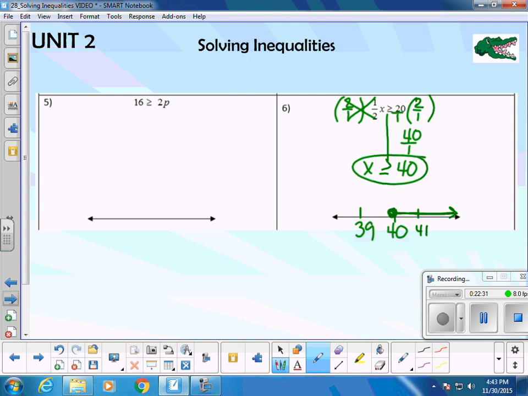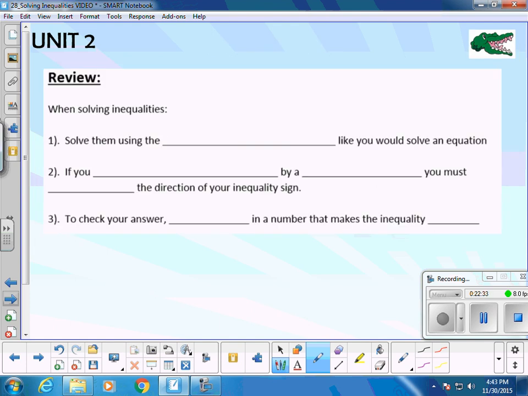Okay. Last thing we're going to do before I let you guys go to do your Edmodo quiz is to go over these notes. So as a review, when you're solving inequalities, you solve them using the inverse operation. If you don't remember the inverse operations, go back to your equation notes. They're all in there. Like you would, you're solving just like an equation.